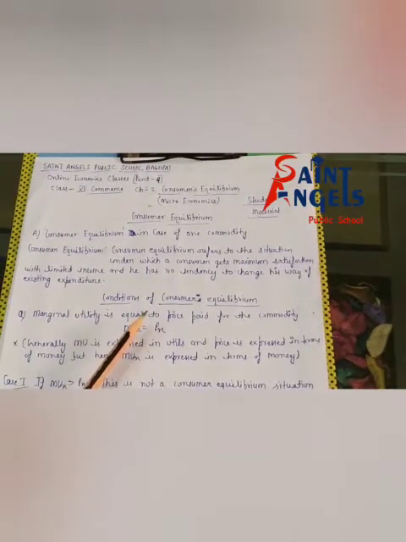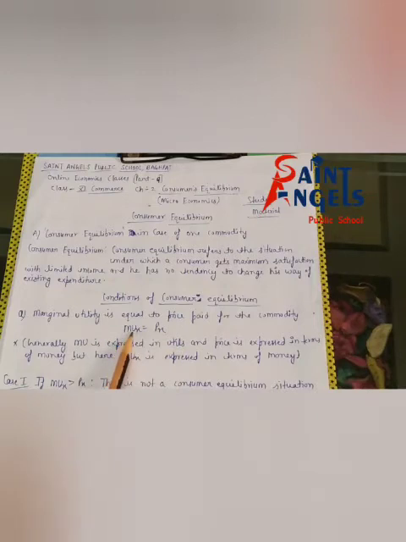All of you know that generally marginal utility is expressed in utils, and price is expressed in terms of money. But see here, both are equal. It means that here marginal utility is expressed in terms of money, because both are equal, which means price is also expressed in terms of money.